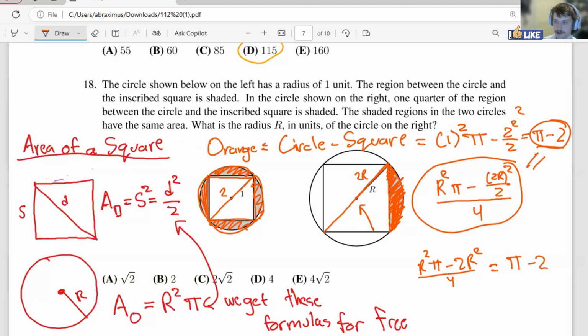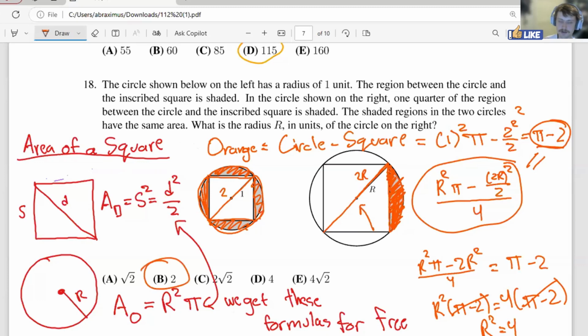If we pull out an r squared and we multiply both sides by 4, we get r squared times pi minus 2 is equal to 4 times pi minus 2. And we can cancel these out just by dividing by pi minus 2. So r squared is equal to 4. So then r must be 2.